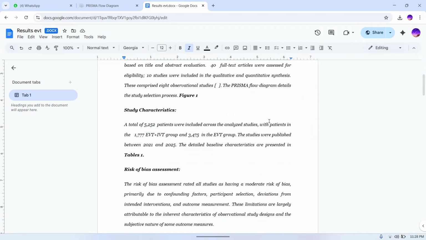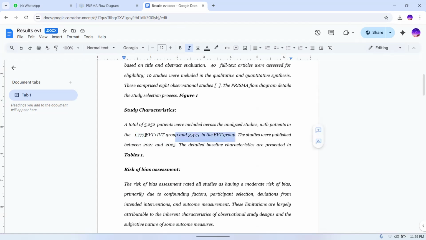Let's say this is my research on the EVT plus IVT group as the intervention group, and EVT as my control group. So let's say a total of 5,252 patients were analyzed across the studies, with 1,777 patients in the EVT plus IVT group and 3,475 patients in the EVT group.